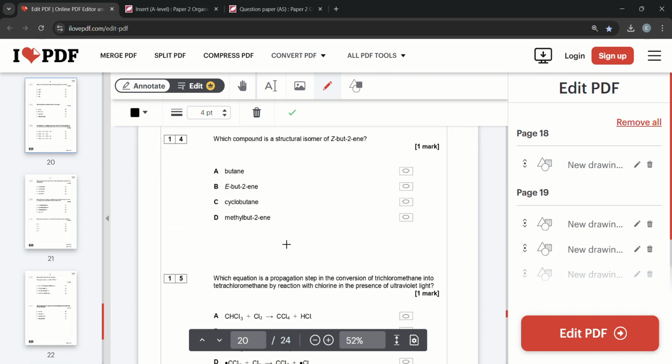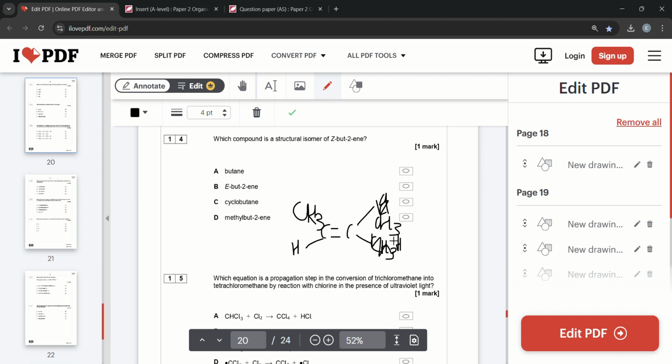Which compound is a structural isomer of Z-butene? So we try to draw it out. Z-butene. Methane, ethane, propane, butane. The Z isomer is when they're on the same side, so I've already done it wrong.